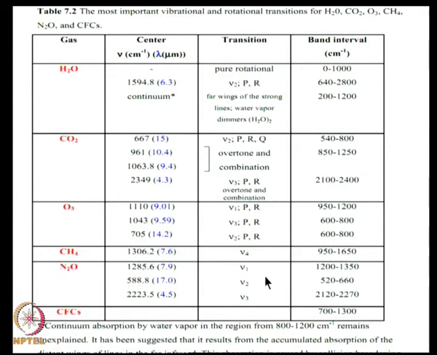Now, here again is a tabulation of the important absorption bands of various common gases like water vapor, carbon dioxide, ozone, methane, nitrous oxide, chlorofluorocarbons, and notice that the regions of the spectra where they absorb and emit photons are very similar. Most of them are in the range of 500 to 1000.